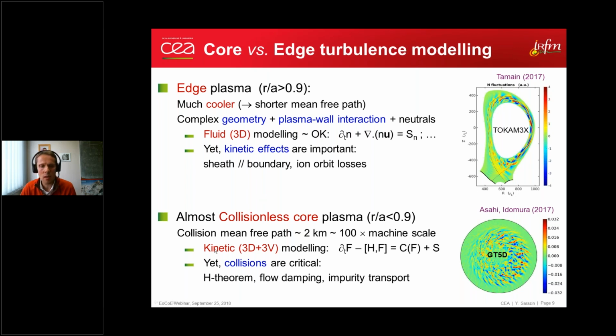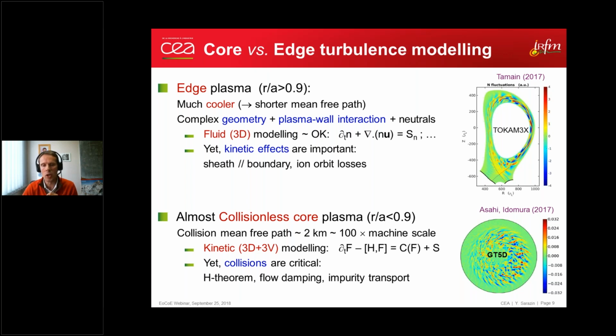Regarding core turbulence, it's almost collisionless in the core plasma. The reason is that the mean free path is extremely large, of the order of a few kilometers, so 100 times the machine scale, and so kinetic description is mandatory. Kinetic description uses the Vlasov equation, but although it's almost collisionless, it's not completely collisionless, and you have to account for collisions.